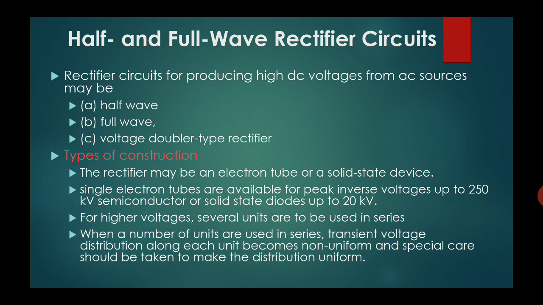So you can go only up to 250 or 20 kV, but if you want higher kV, we'll use these elements in series. When a number of units are used in series, the transient voltage distribution along each unit becomes non-uniform, and special care should be taken to make the distribution uniform.